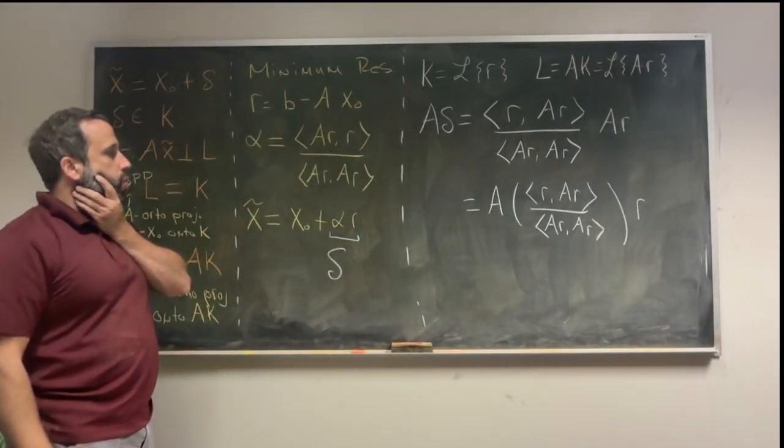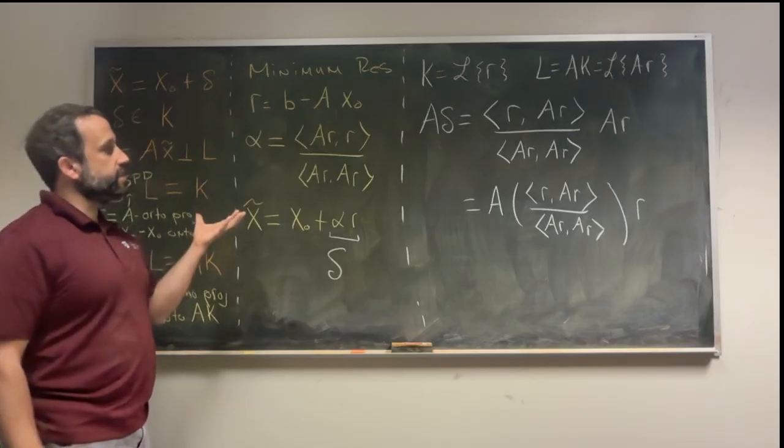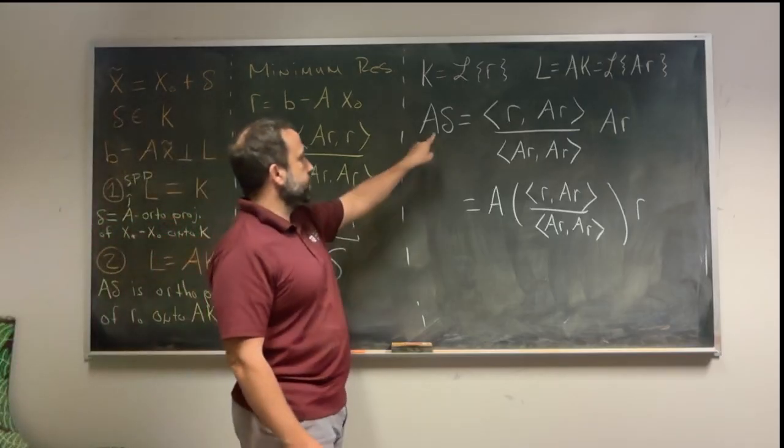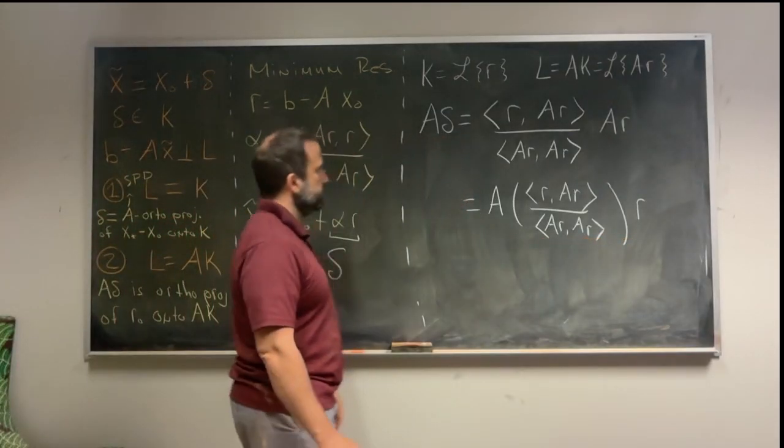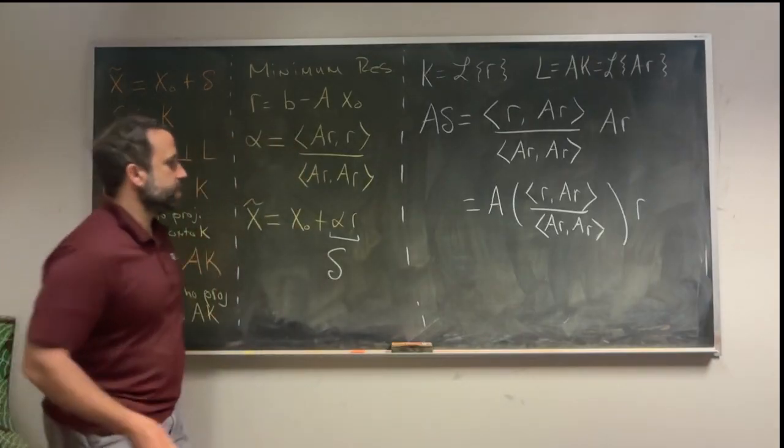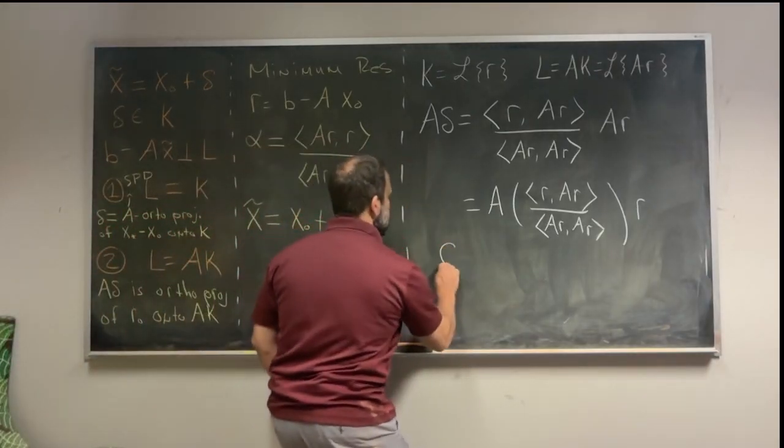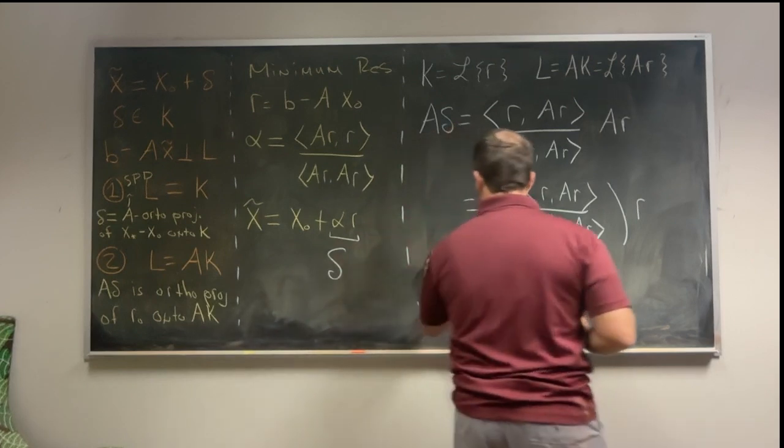Clearly, if A is invertible, then the only solution is delta equal to this part right here. But even if A isn't invertible, a solution to this is delta. Let me write a better delta than that.